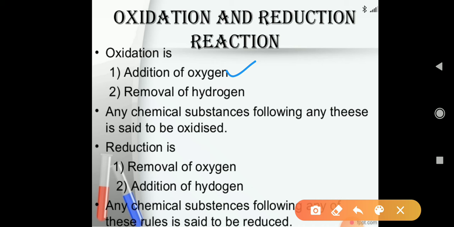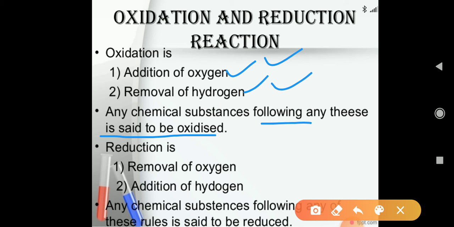Another definition for oxidation is the removal of hydrogen. So when hydrogen is removed from a reactant, then it is also called an oxidation reaction. Any chemical substance following either of these is said to be oxidized. So either addition of oxygen or removal of hydrogen takes place, and then it is called an oxidation reaction.